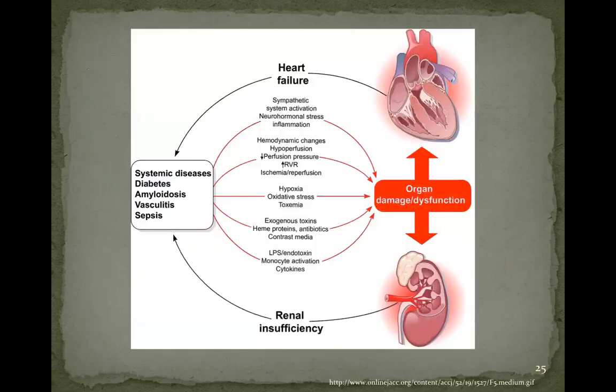This is a good slide that shows how systemic diseases, as mentioned, will cause these issues. You'll have heart failure and subsequent renal dysfunction with hemodynamic changes. You'll have hypoxia. You'll have toxin buildups. You'll have heme proteins, contrast media, and cytokine activation that damages both the cardiac and renal systems.